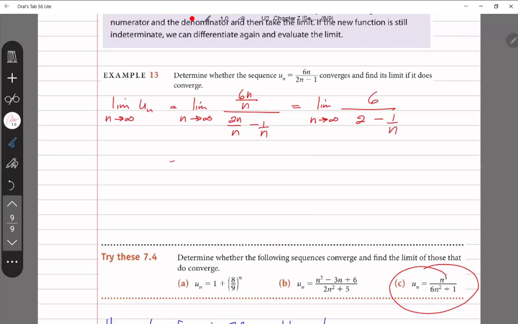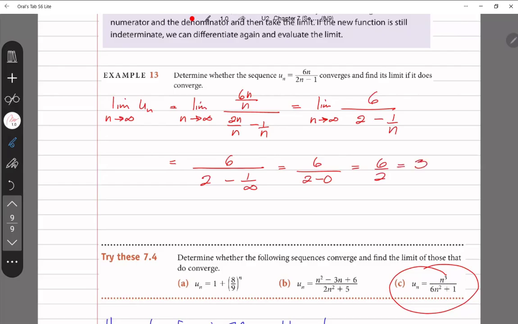Then by direct substitution, this would be 6 over 2 minus 1 over infinity, which is 6 over 2 minus 0, which is 6 over 2, which is equal to 3.